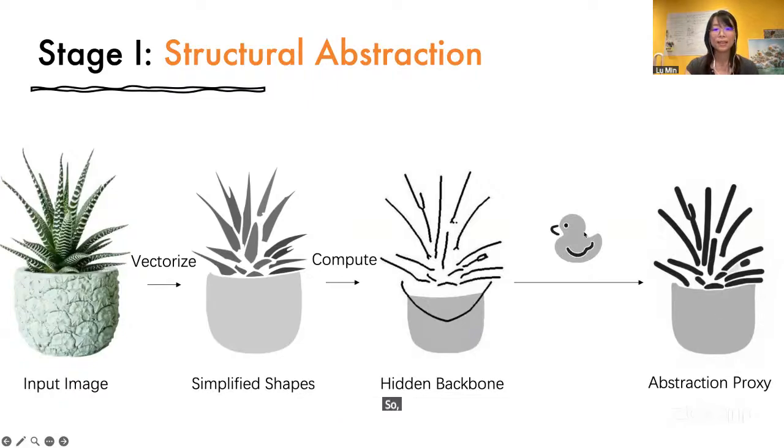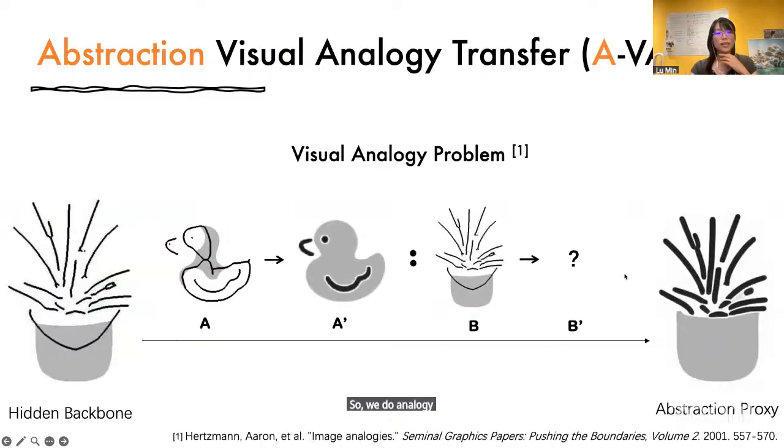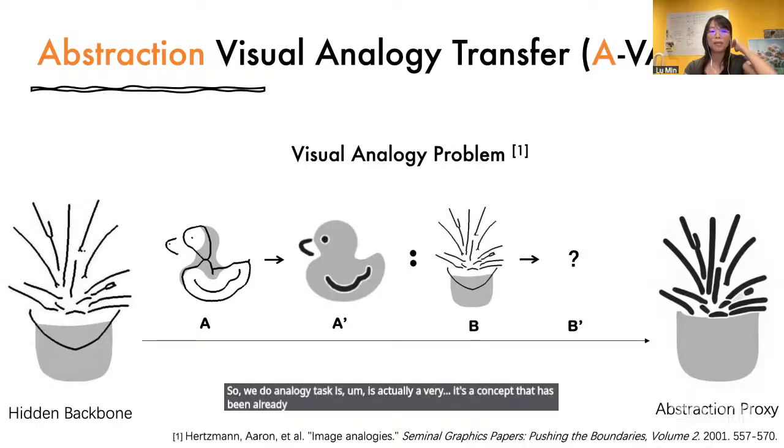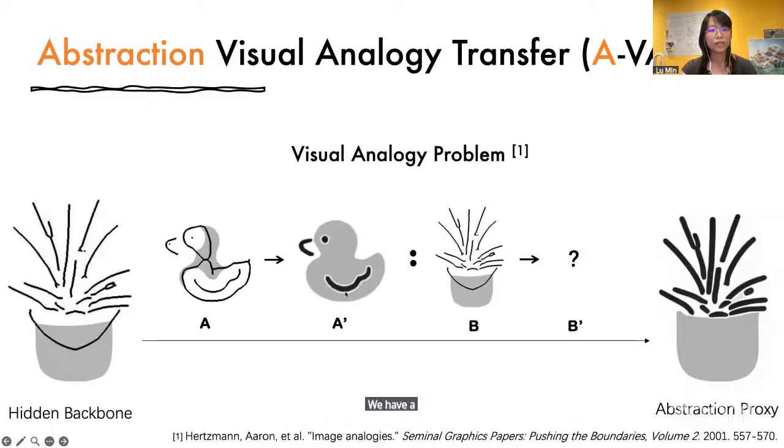So basically, this is a visual analogy task. The visual analogy task is a concept that has already been proposed by researchers before. It goes like this: we have a reference pair from A to A prime, from the reference example.